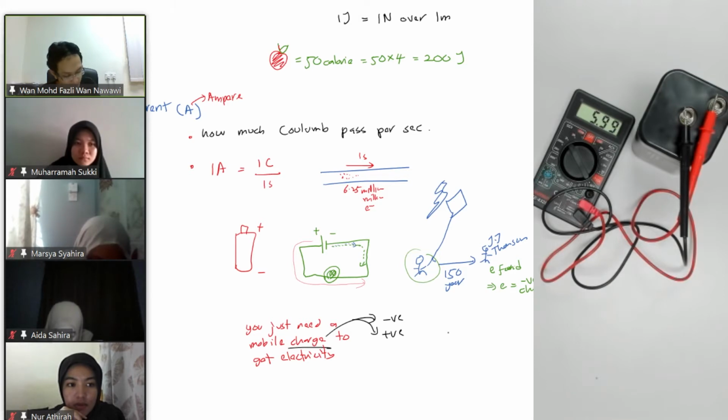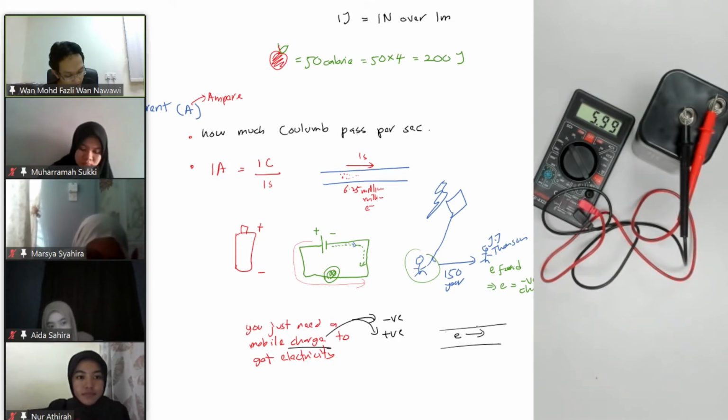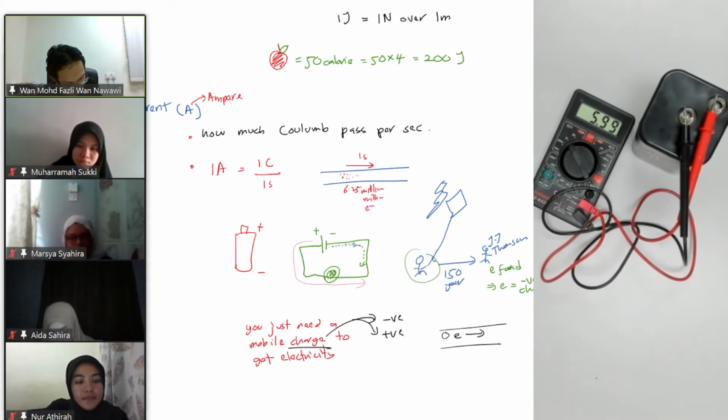For example, when the electron moves this way, it leaves a hole there. Let's say this is the atom, and when the electron moves away, the atom loses its electron.